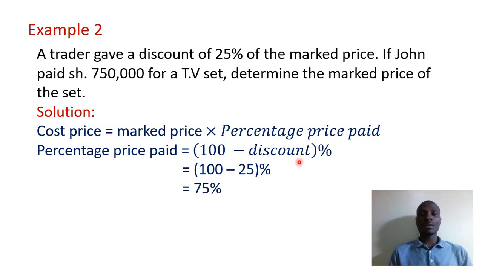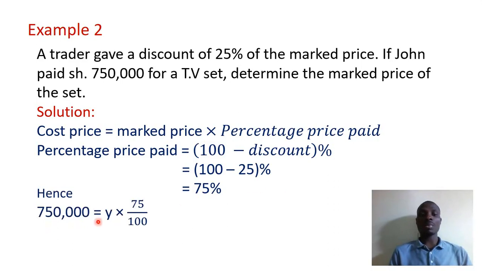Then after that, we are now going to substitute. We have the cost price at 750,000. The marked price we can let be X or Y, and then we multiply by 75 out of 100. So we shall have 750,000 is equal to Y times 75 out of 100.